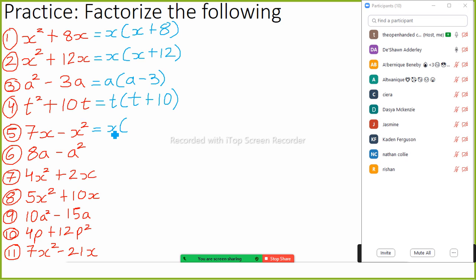We're trying to get 7x, so you need the 7. Yeah, 7 minus x. Very good. Oh, I did it backwards, my fault. Jasmine, number 6.